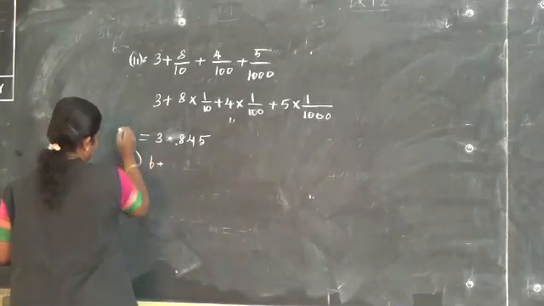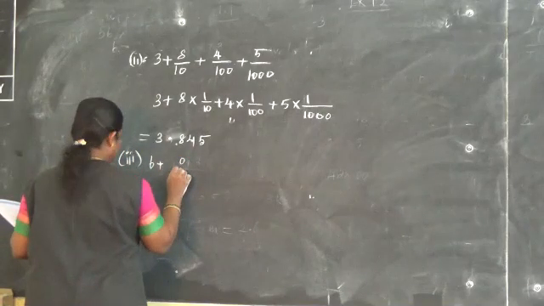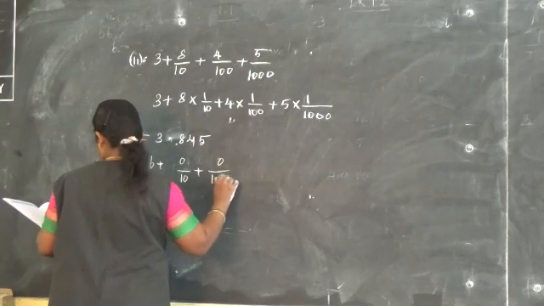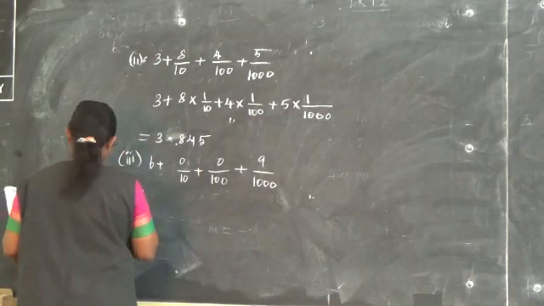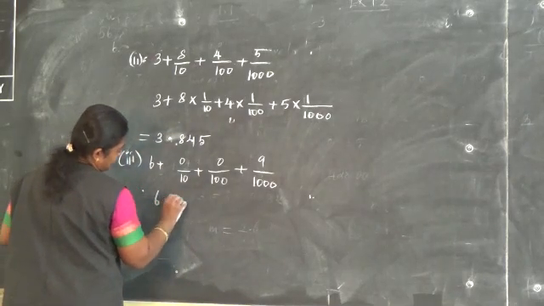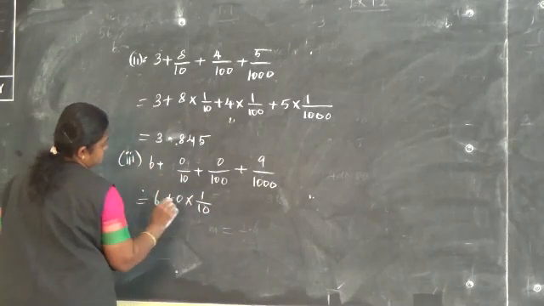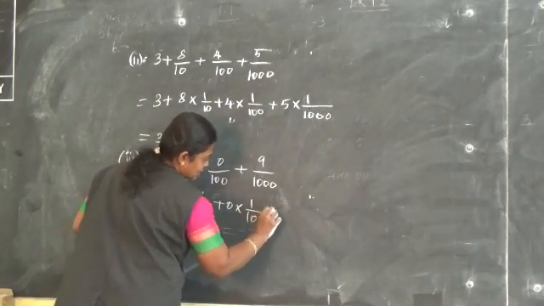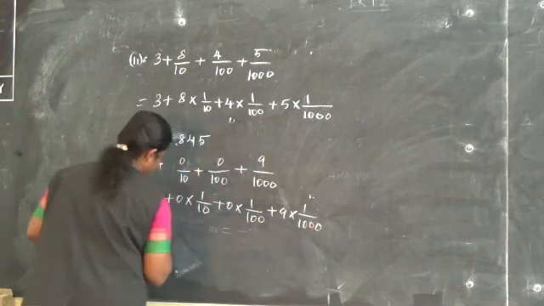6 plus 0 by 10, 0 by 100, 9 by 1000. So we can write it as 6 plus 0 into 1 by 10 plus 0 into 1 by 100 plus 9 into 1 by 1000.